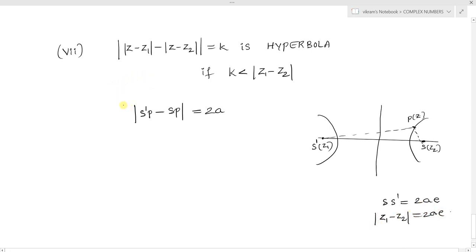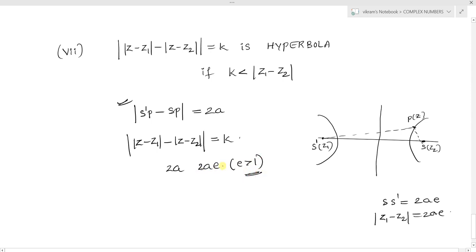So S'P minus SP equals 2a, and we can write S'P as mod of z minus z1, again with the mod, minus SP written as mod of z minus z2, equals some constant K. Now K equals 2a, and for this hyperbola the eccentricity is greater than 1.